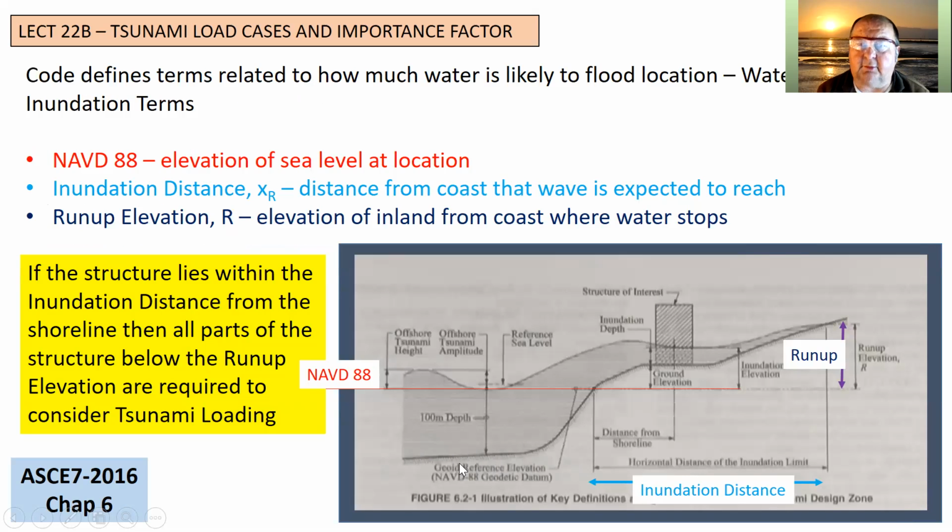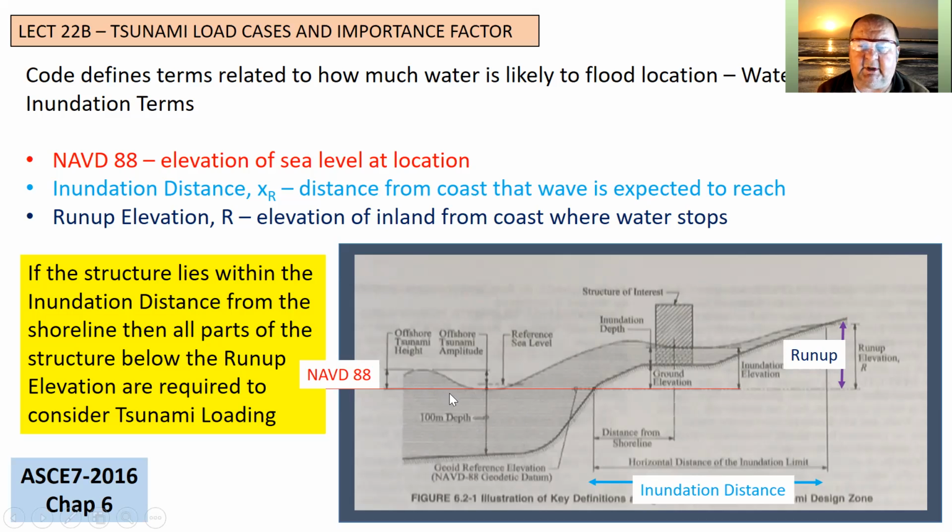If I think about what's happening during a tsunami wave, here is the ground surface. Here is the mean sea level, which is referred to as NAVD 88. This is the shoreline when there is no tsunami. Here's my building that I may be planning to build.